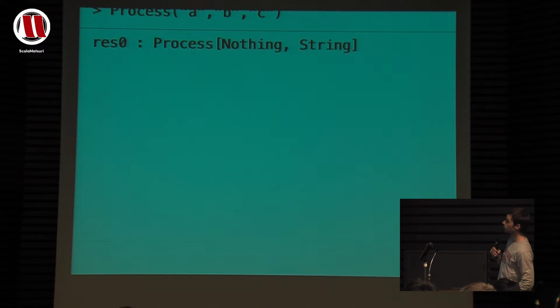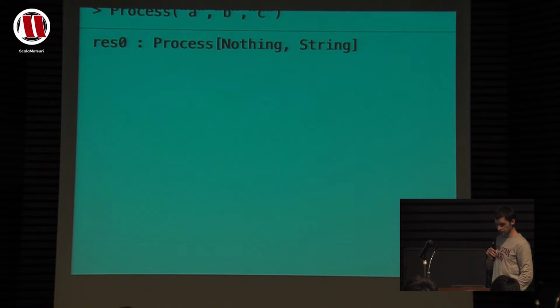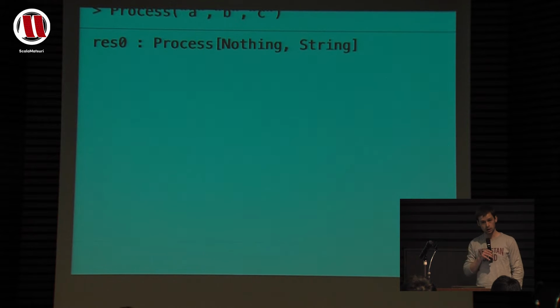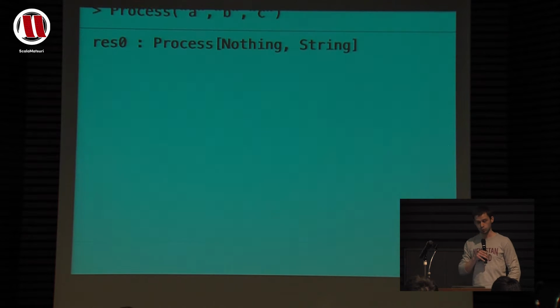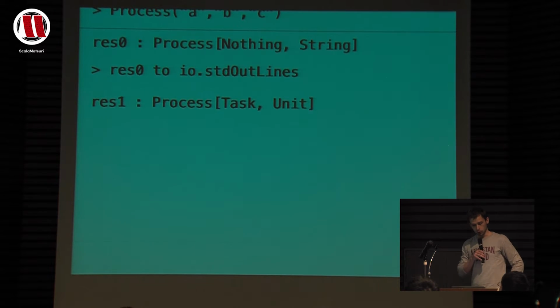On the top you will see Process ABC, which will produce a process of type Nothing and String. Nothing in this case encodes the effect, and it stands for this process being side effect free, and it will produce strings. What can we do with a process on its own? Not a lot, but we can forward it to a sink.